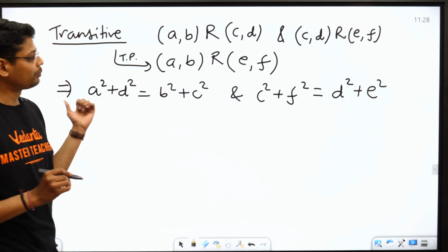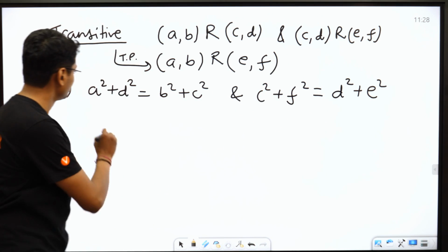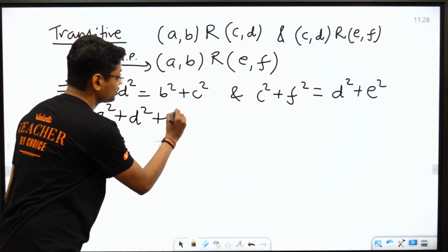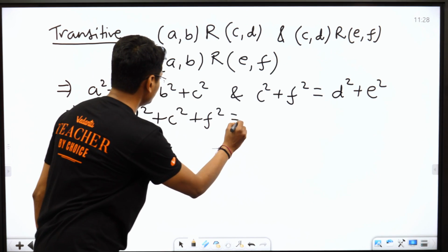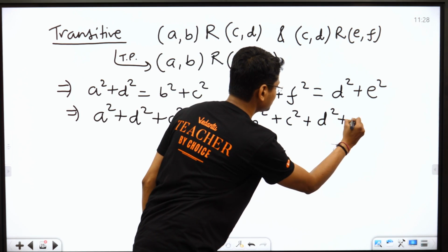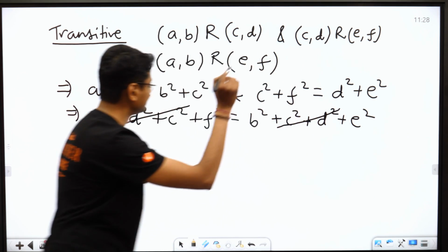Now if I add both these equations, left side to left side, right side to right side, what do I get? a² + d² + c² + f² equal to b² + c² + d² + e². So we see that c² + d² cancels out.